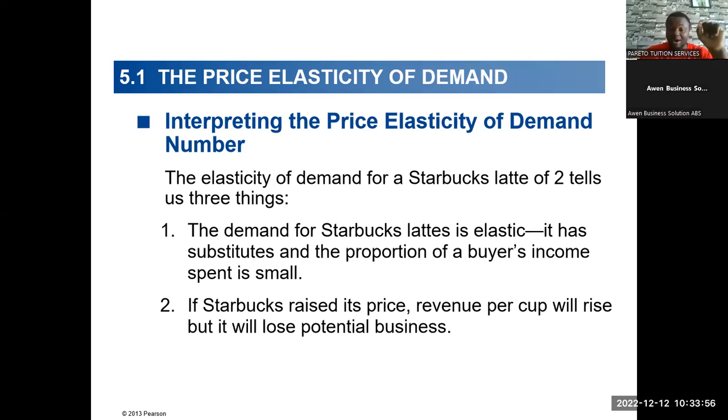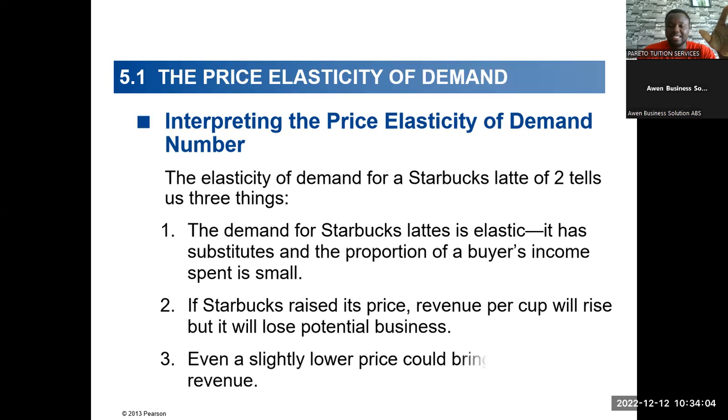Whenever you increase price, the percentage change in quantity demanded will always be more than the percentage change in price. So that is one implication of the good being what? Elastic. But if you try to lower your price a bit, you gain more customers because they will stop buying maybe something from McDonald's and then they'll come and buy from you.